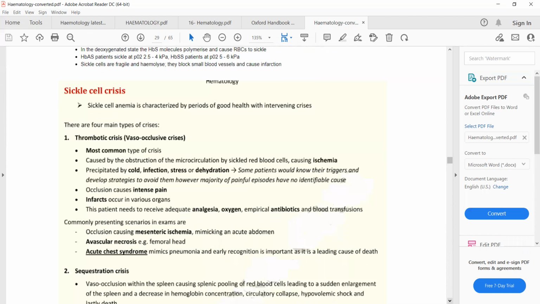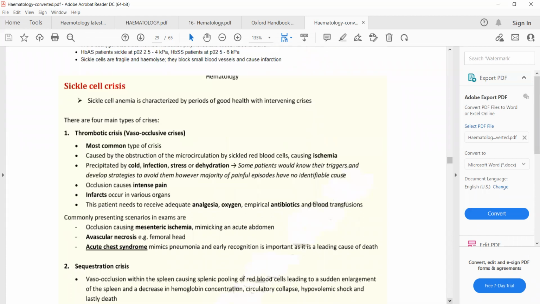A patient with sickle cell anemia can develop different types of crisis. One crisis we have already discussed, that is aplastic crisis, which arises due to infection with parvovirus B19. There are other crises that a patient with sickle cell disease can develop.